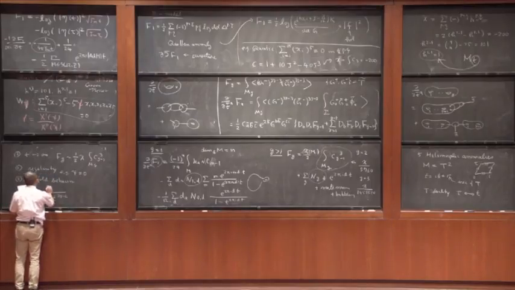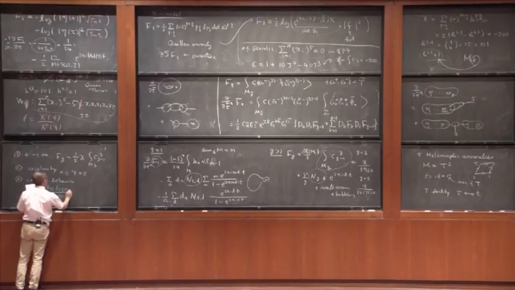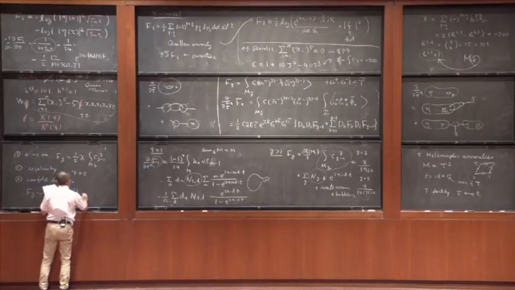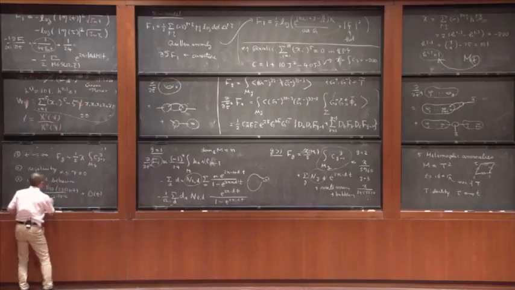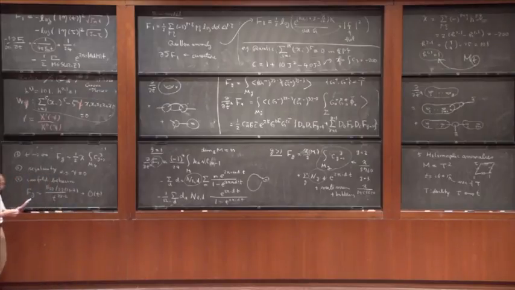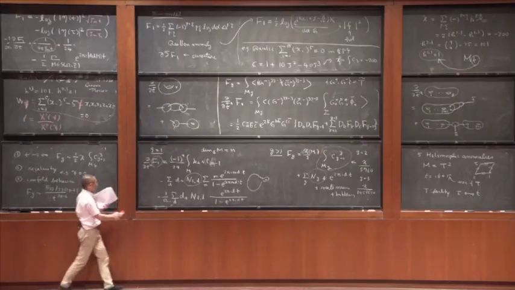This is an example of a singularity of Calabi-Yau space, and t is a coordinate that is sort of normal to the conifold.